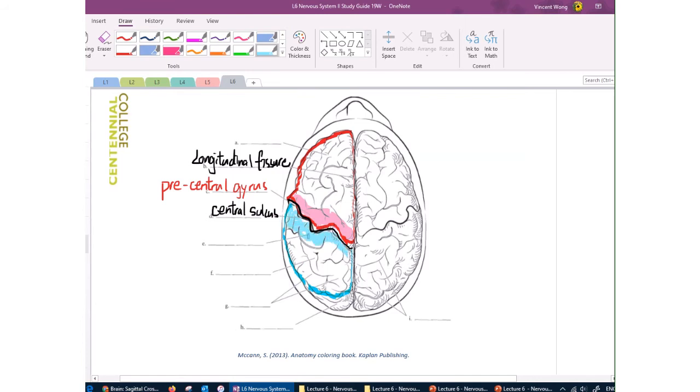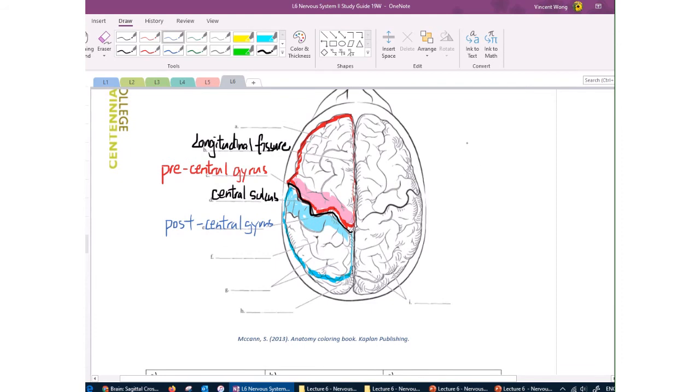Okay, so right there, that's the postcentral gyrus, and it contains the functional area, the primary somatosensory cortex. So that's the anatomical name, and the functional area that you will be able to find on the postcentral gyrus is the primary somatosensory cortex.